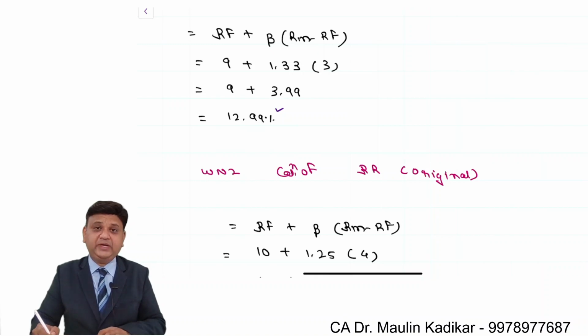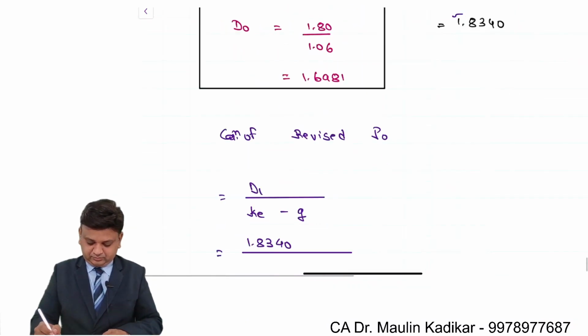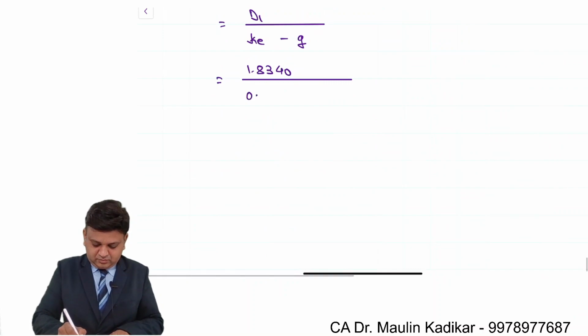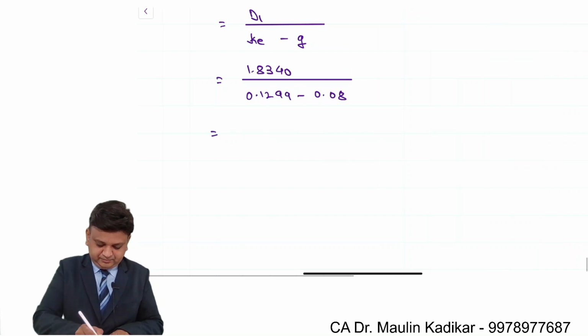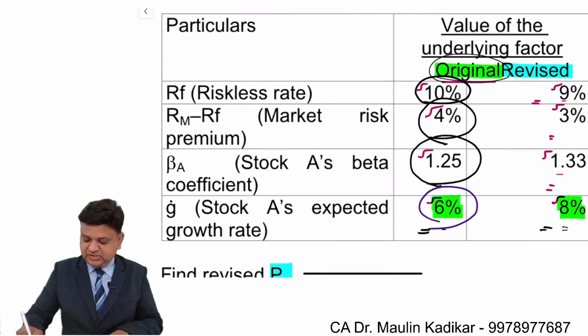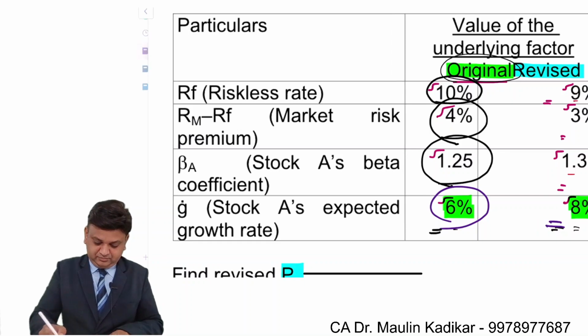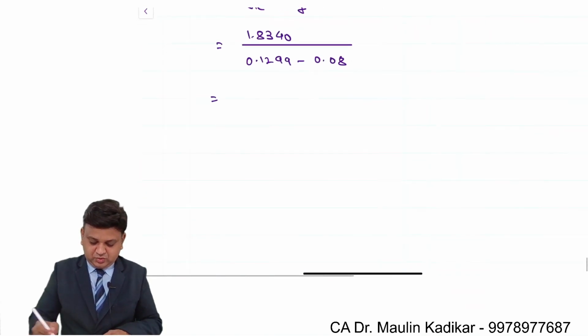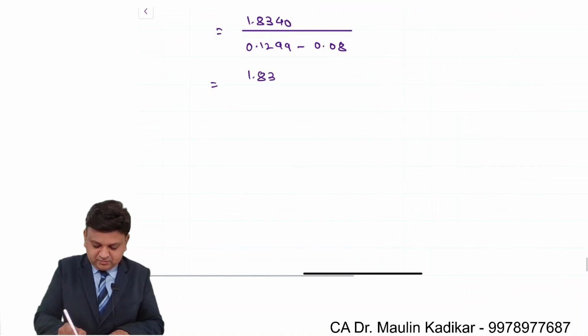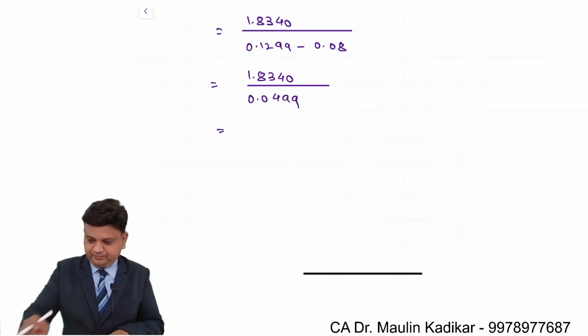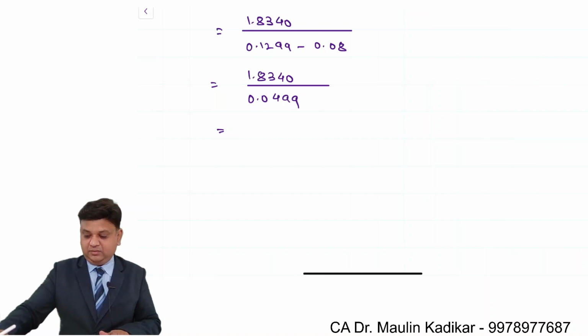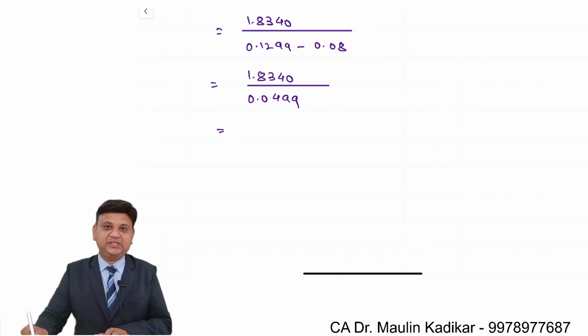It is 12.99%, less growth rate of 8%. So 1.8340 divided by 0.0499. 1.834 divided by 0.0499 comes to 36 rupees 75 paise.